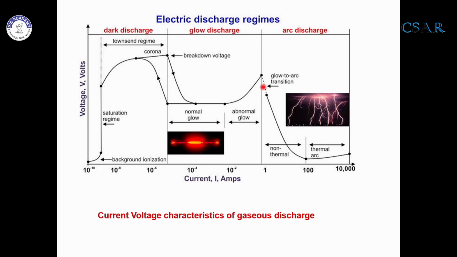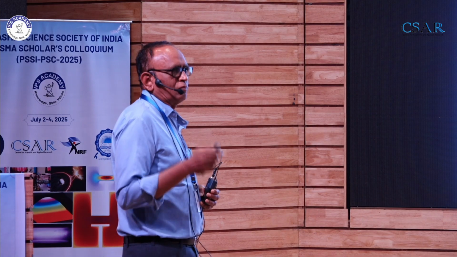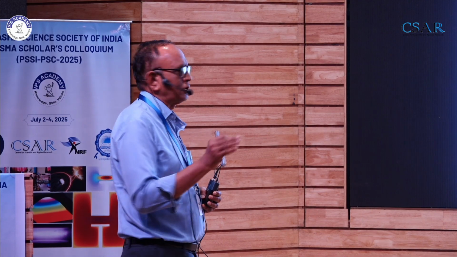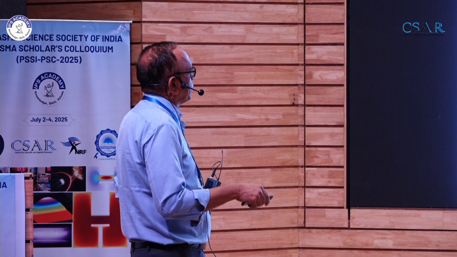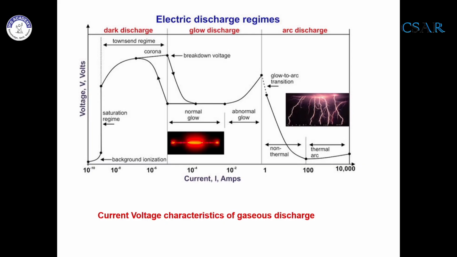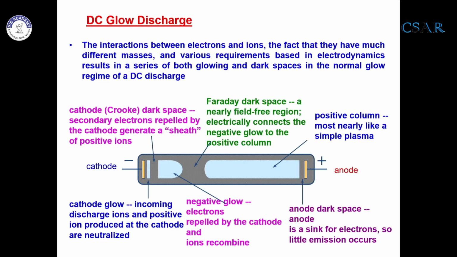And in the abnormal glow region, where you are using these plasmas for material processing applications like sputtering, CVD, etc., you should have a current density of the order of 1 milliampere per centimeter square minimum, up to some tens of milliampere per centimeter square. And if you increase the current density beyond that, you end up in the arc, which has its own application field, but we are not going to discuss that.